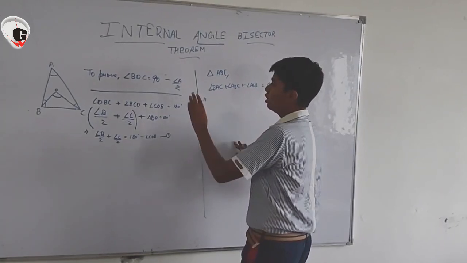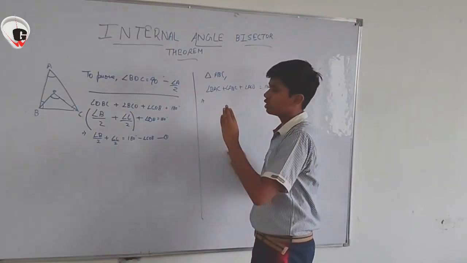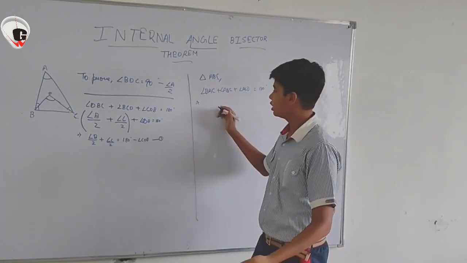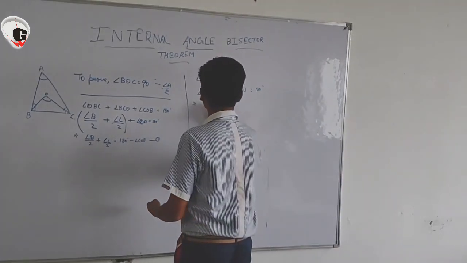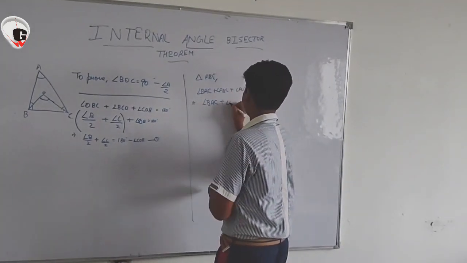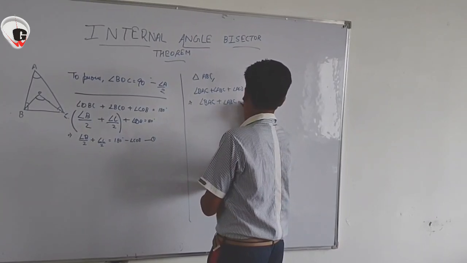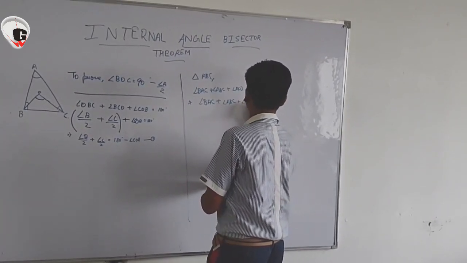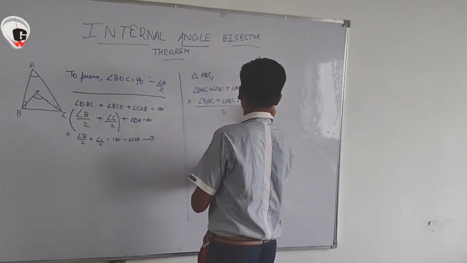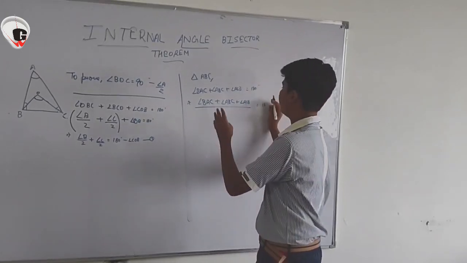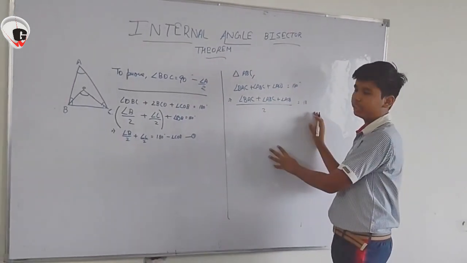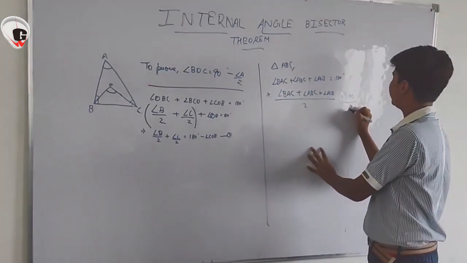If we divide the LHS and the RHS by 2, there won't be any difference. So we have divided angle BAC plus angle ABC plus angle ACB, all of them by 2. If we divide the LHS, we will also have to divide the RHS. So we get 180 degree by 2.